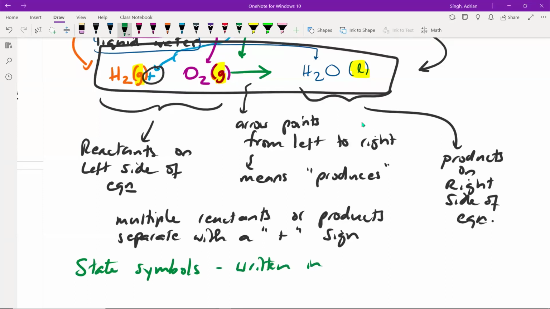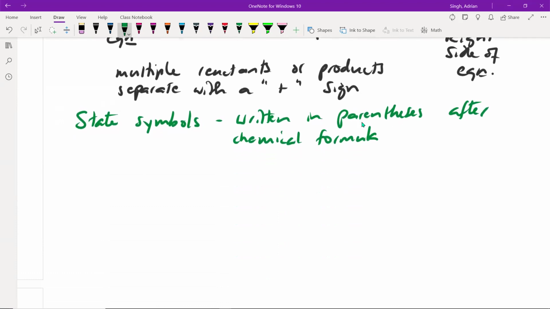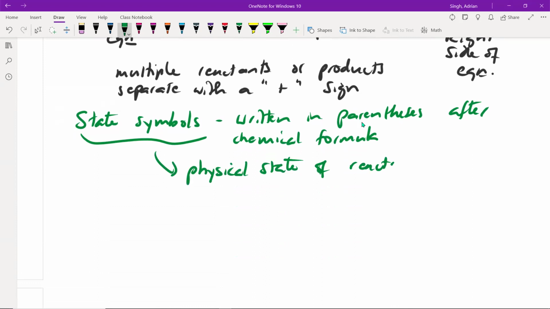Parentheses after the chemical formula for the reactant or the product. The state symbol, as you can imagine, gives us an idea of the physical state of the reactant or the product. So we use two of those state symbols in our equation.